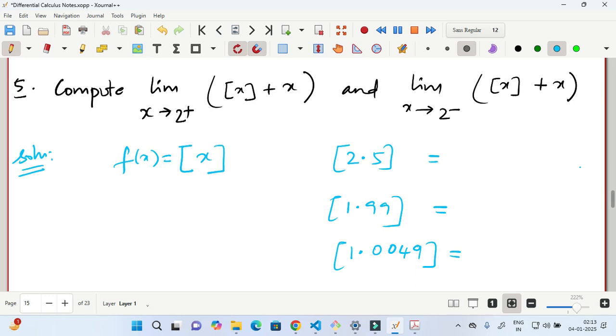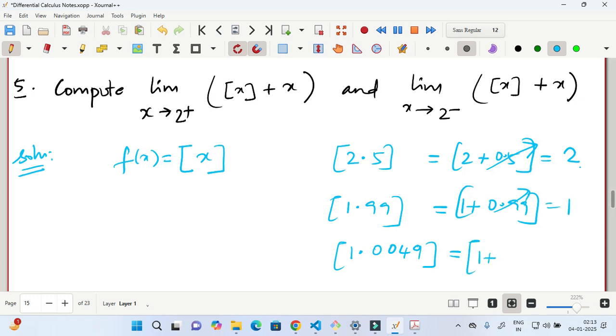Here 2 plus 0.5: we eliminate the 0.5 and get 2. Here 1 plus 0.99: eliminate this and we get 1. Here 1 plus 0.0049: eliminate this and we get 1. So this is the greatest integer function.